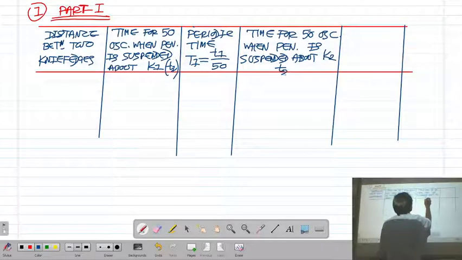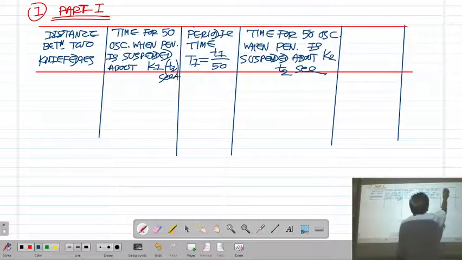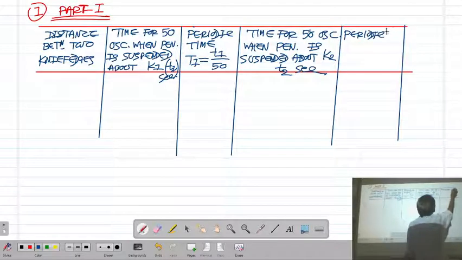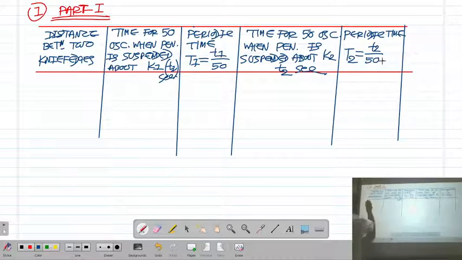That time is p2. And here we measure the periodic time. Capital T2 is equal to small p2 upon 50. This is the observation table.